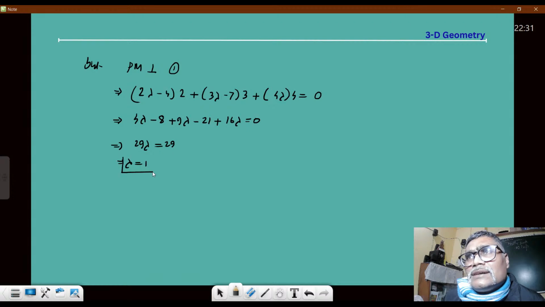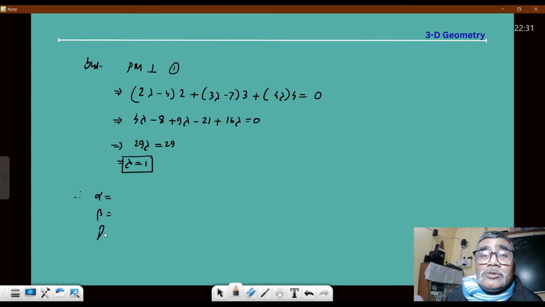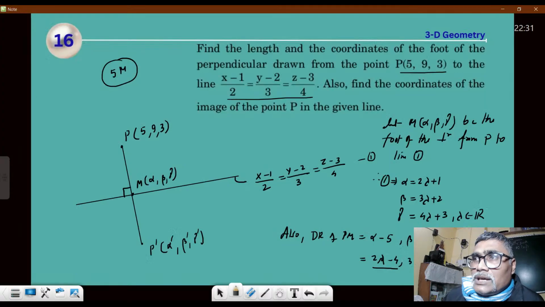This is the next important part. So lambda you got already, alpha, beta, gamma you got in the form of lambda. Now you can find the alpha, beta, gamma, which is nothing but the foot. So let me work this out. Lambda equal to 1. So if I put lambda equal to 1 here, alpha will be 3, beta will be 5, and gamma will be 7.